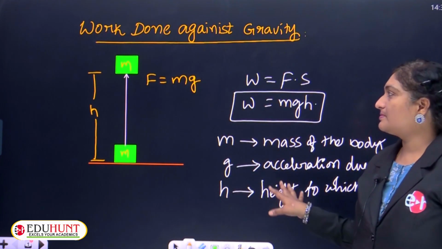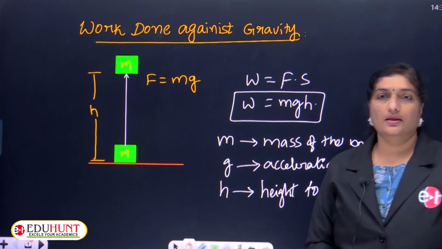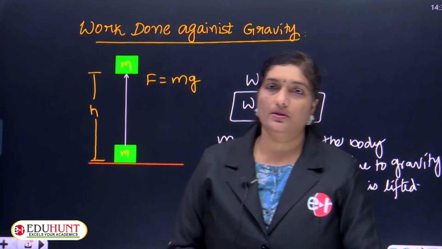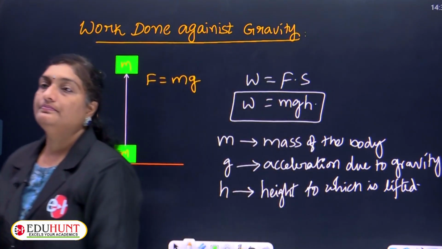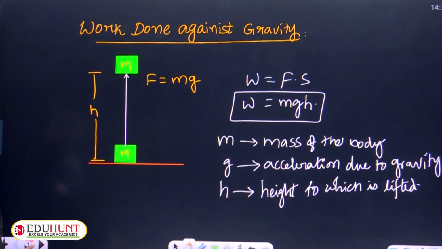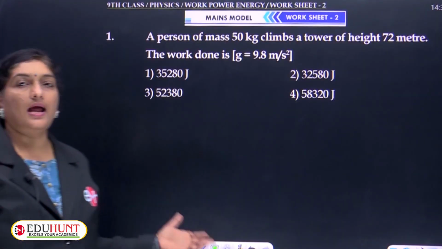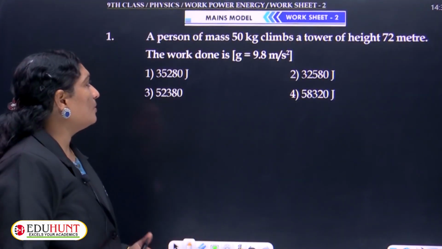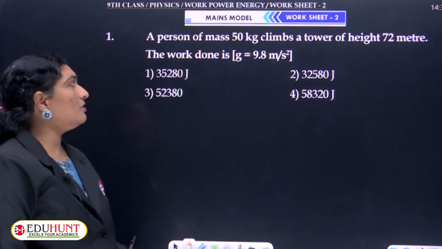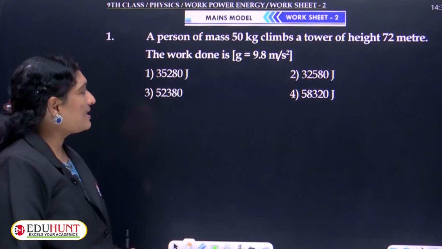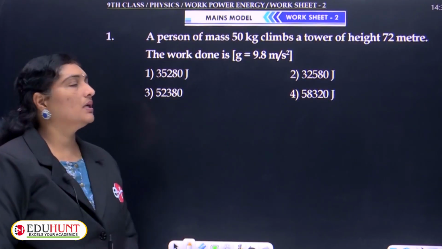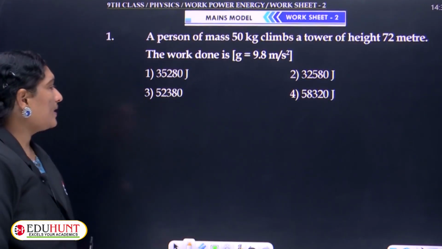So, keeping this in mind, let us try to solve a few numericals based on this. So, let us start with the first numerical from worksheet 2. A person of mass 50 kg climbs a tower of height 72 meters. The work done is. So, what is given, children?